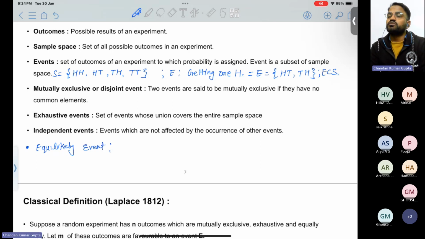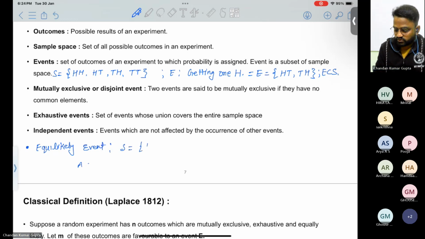Like while tossing a coin, the chance of getting head and getting tail is equal. While rolling a die, the chance of getting an even number is equal to the chance of getting an odd number. So these are equally likely events.